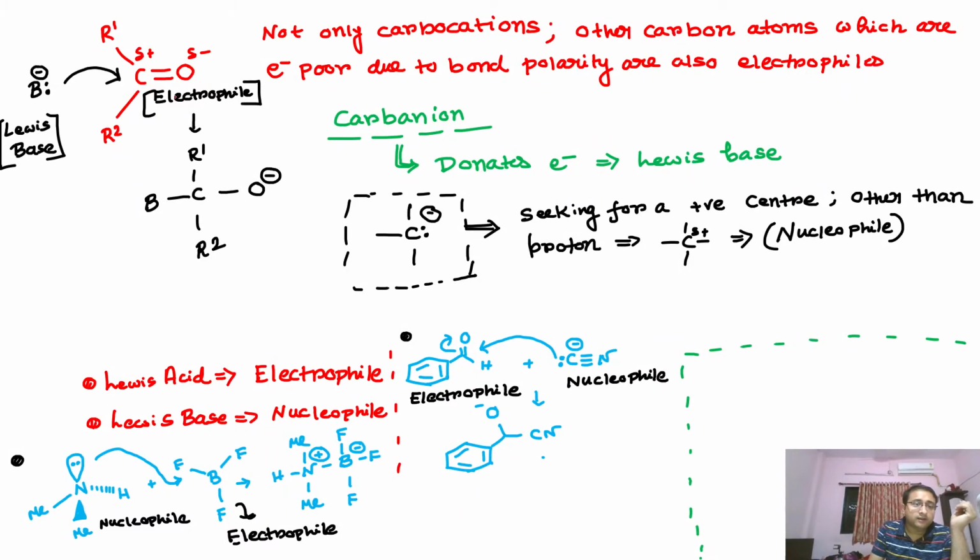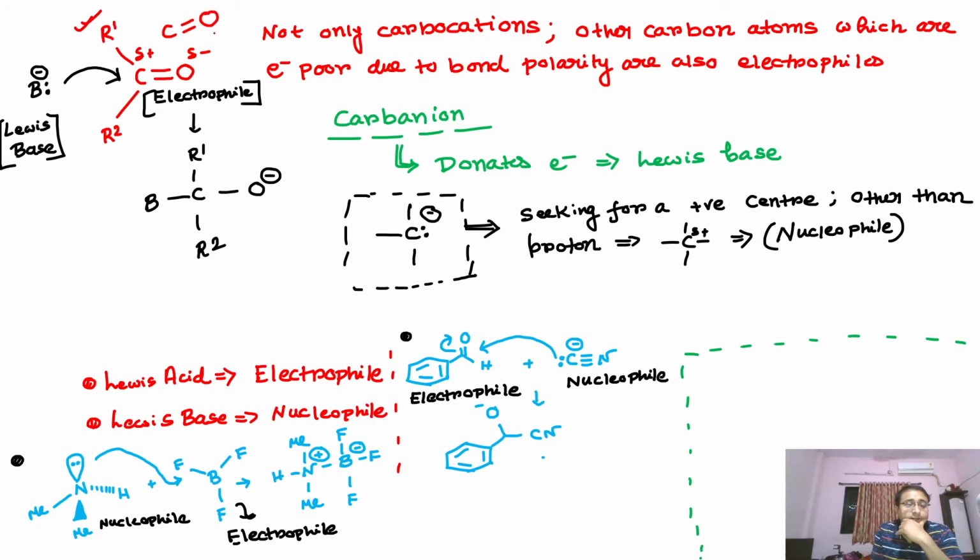Now you can see a ketone compound. So not only carbocations, some other carbon atom which is electron deficient due to some kind of bond polarity can also act like an electrophile. So this is an example. You can see this is basically a ketone compound where it has a carbon oxygen double bond.